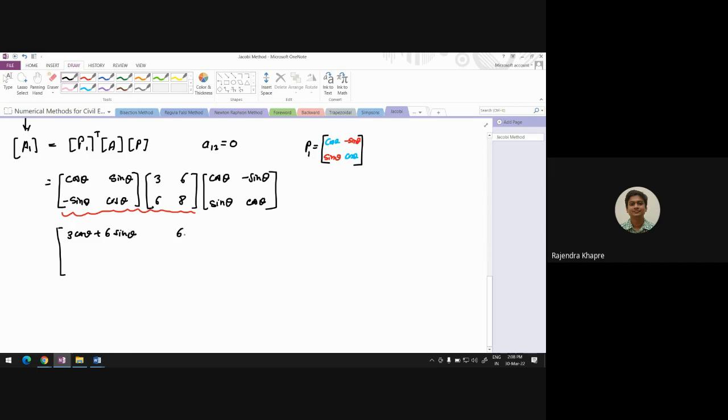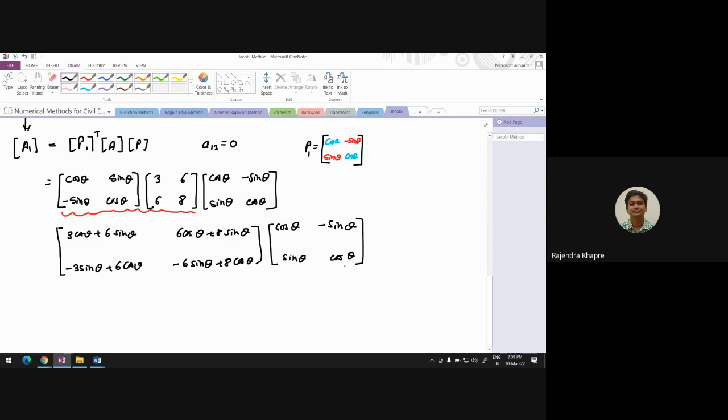Then we have 6 cos of theta plus 8 sin of theta, and here this will be minus 3 sin theta plus 6 cos theta. This will be minus 6 sin of theta plus 8 cos of theta, and then again this will be multiplied with cos of theta, minus sin of theta, and cos of theta.